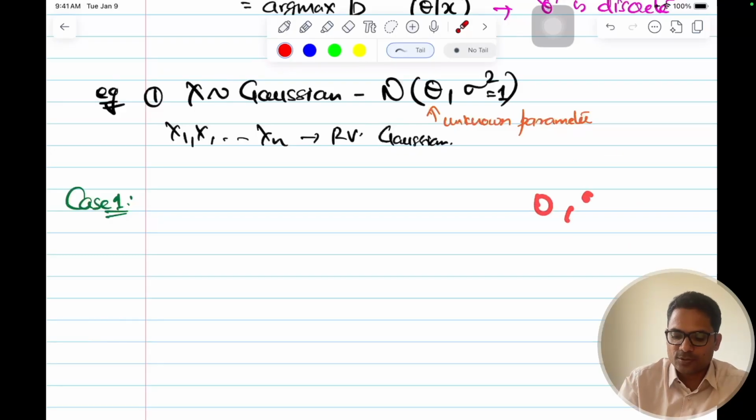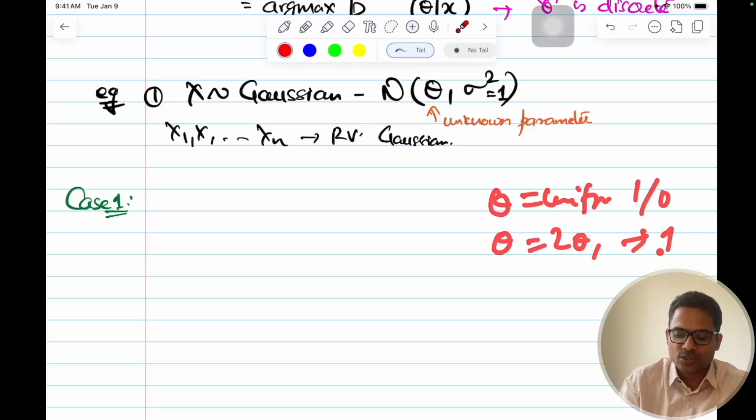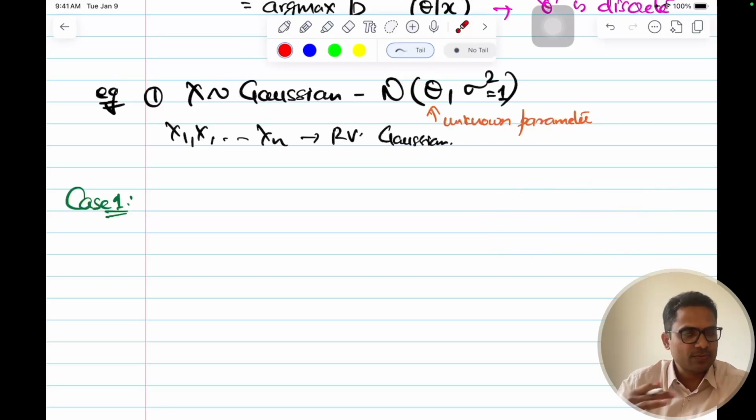So theta was between 0 and 1, it was a Bernoulli trial. In the first one theta was uniform, 0 and 1 equally likely. In the other case it was 2 theta, meaning it is more biased towards 1. Similarly here also, in the first case we'll see that theta is uniform. So we'll start with that.